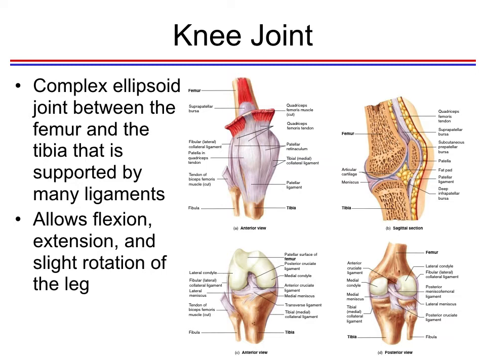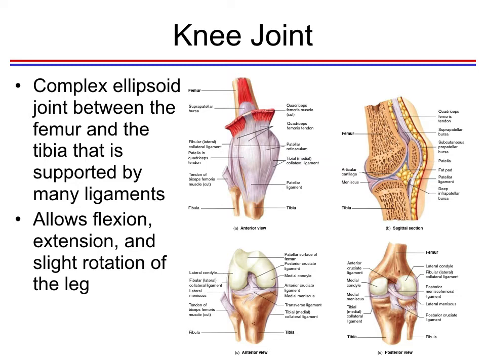It's actually two projections. The medial and lateral condyles of the femur rest on the medial and lateral condyles of the tibia. Okay, and so this is two ellipsoid joints. And it not only has articular cartilages and a joint capsule and a synovial membrane, there are many additional ligaments. There are menisci, cartilage pads to try and keep the bones aligned.